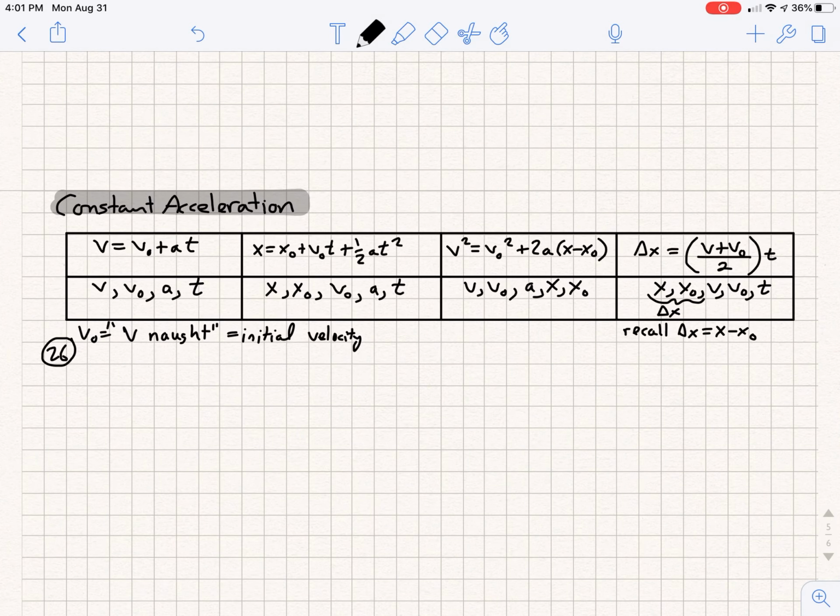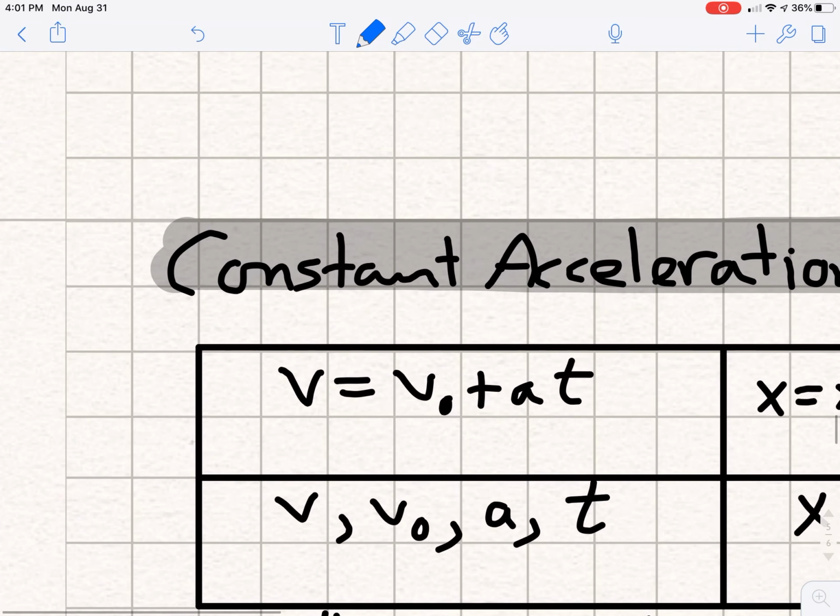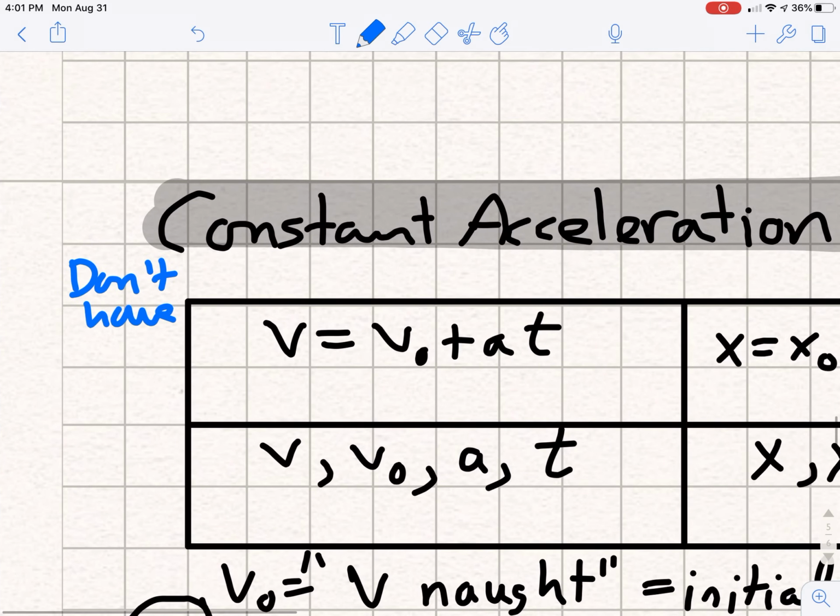Something to consider when you're using these formulas: these are the don't-have variables. I will use the first equation if I don't have x or x naught. So if I don't have position, then the first equation is a good one to use.